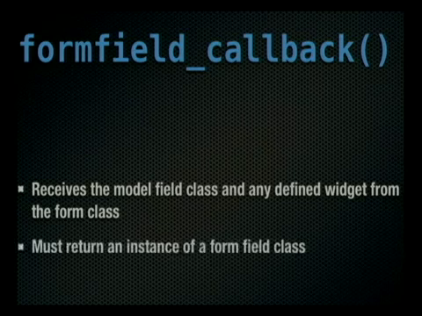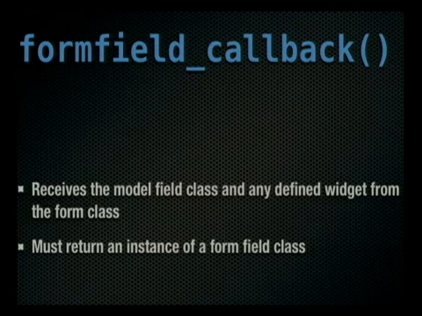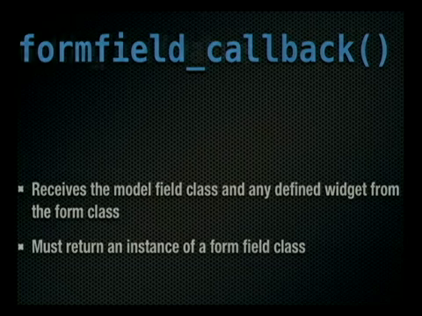You can just pass back that form field class by calling formfield on the model field class, or you can put whatever else you want. This is really handy if you have a big form with a bunch of fields and you don't want to override each one individually; you can write a formfield_callback method and do it that way.